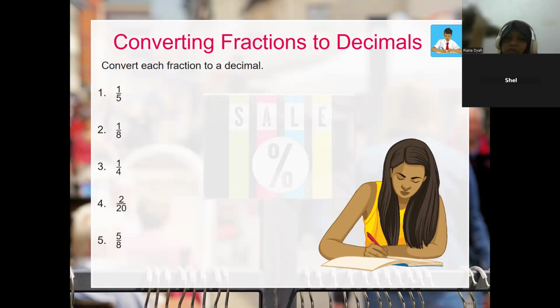So you can use the division method. 1 out of 5 means 1 divided by 5. Can you do that? Let's try.